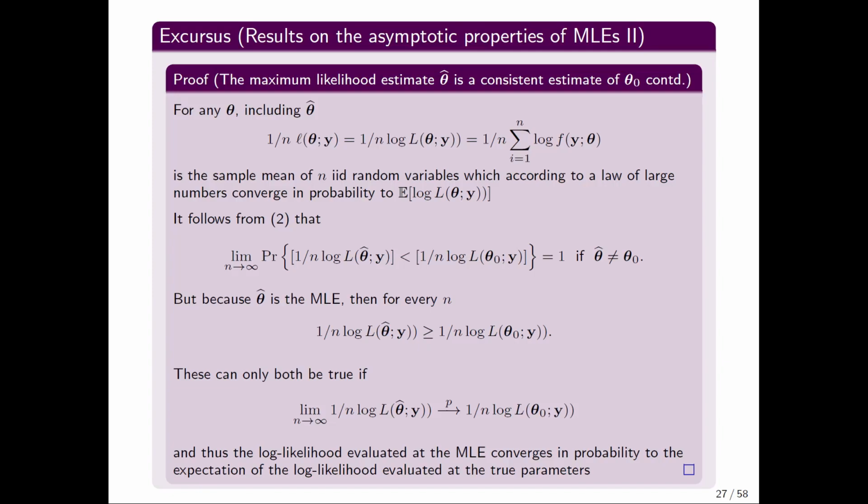From the previous slide, the expectation we've shown is maximized at the truth, but by definition, the MLE maximizes the sample log likelihood in every finite sample. So the only way both facts can hold in the limit is if the log likelihood evaluated at the MLE converges in probability to the log likelihood evaluated at the true parameters. And that's the point that establishes consistency.